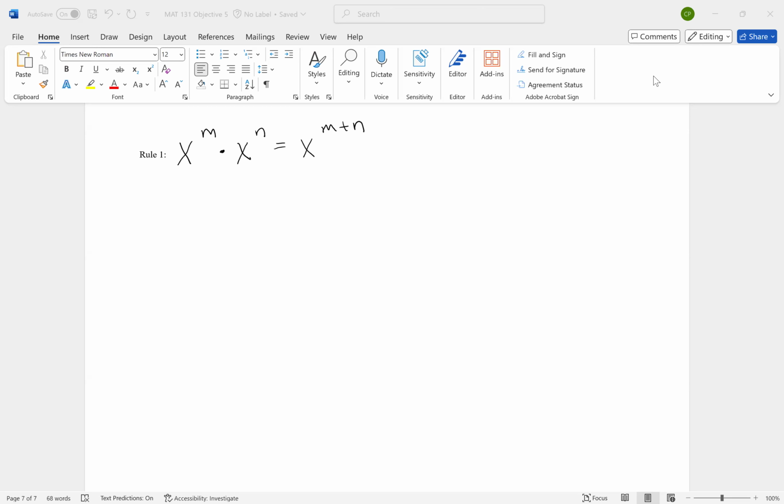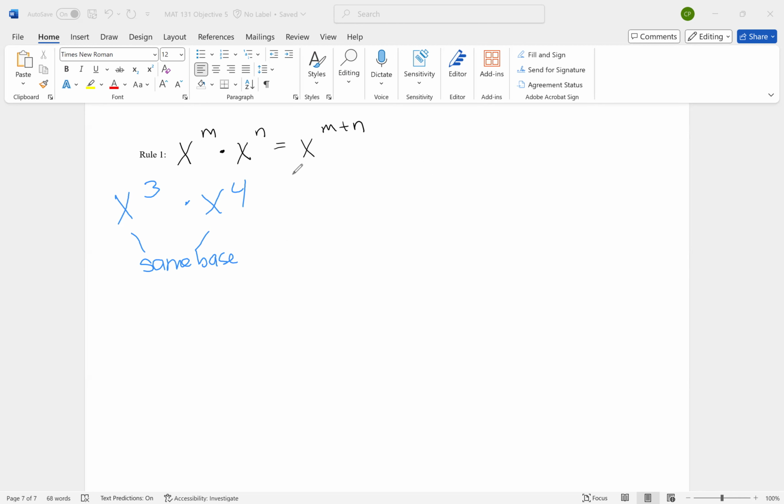So what this means is if we have two things being multiplied with the same base, for example, if we had x cubed times x to the 4th, they have that same base of x, okay?